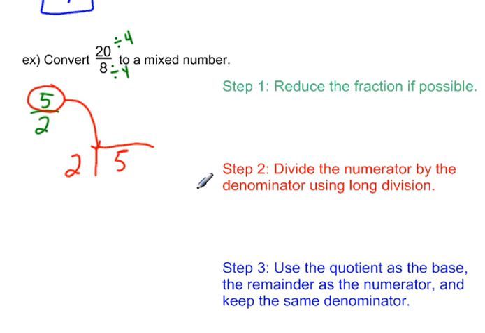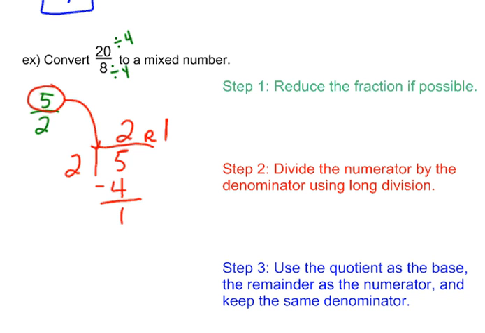And now we go through the long division process. 2 goes into 5 2 times. 2 times 2 is 4. Next we subtract. So 5 minus 4 is 1. And if you'll remember from elementary school, we used to write the little r that represented remainder, and our leftovers were written right beside it. So my answer would be 2 remainder 1.